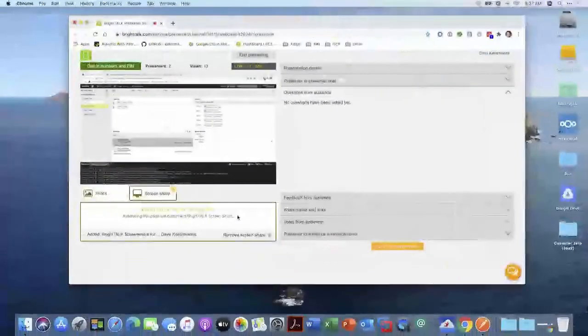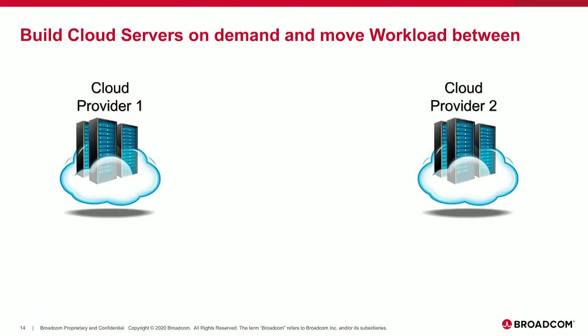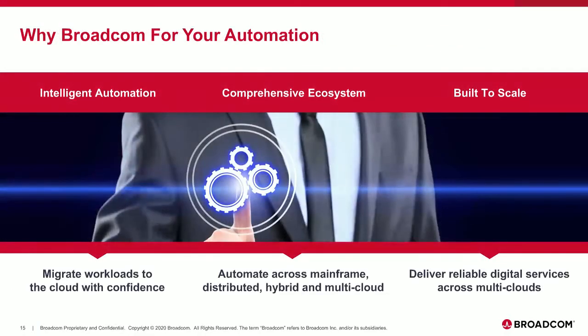So with that, let me go back to my slide deck. So really, that's why we feel a holistic automation solution can give you a lot more capabilities and build a much stronger use case for moving to the cloud. Because first of all, you will be able to move the workloads to the cloud with confidence.